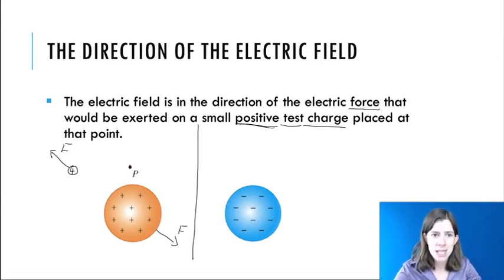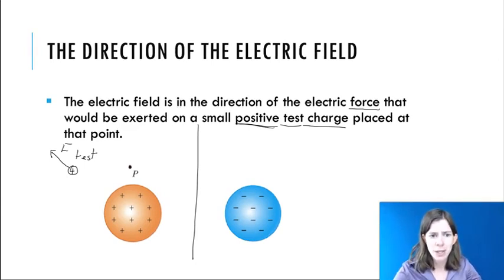But we're going to consider this big charge to be the source charge. So this is the one that is creating the effect. And this is the one, the test charge here, that is experiencing the effect. So we're not going to look at the effect on the big charge. We're only going to look at the effect on the test charge.